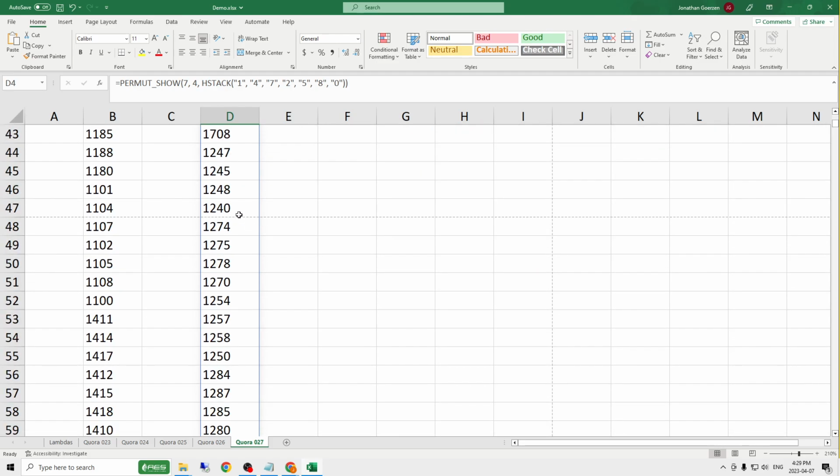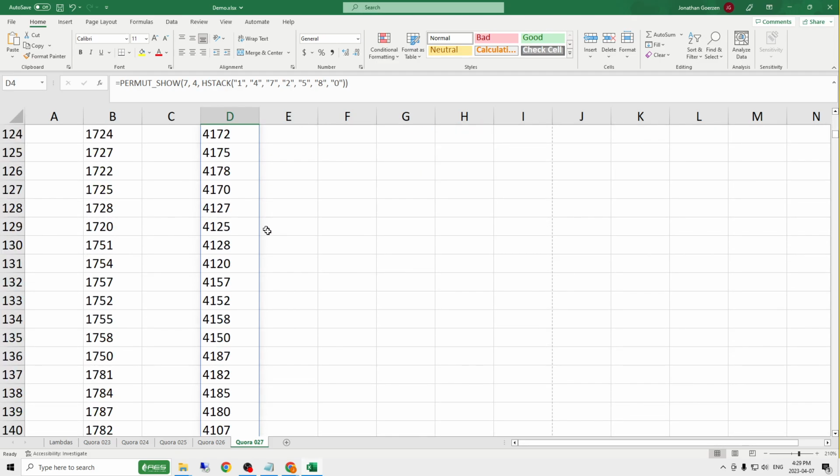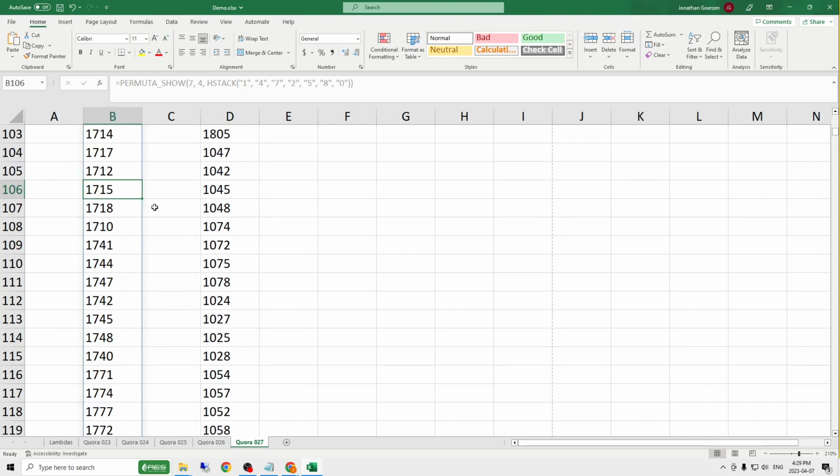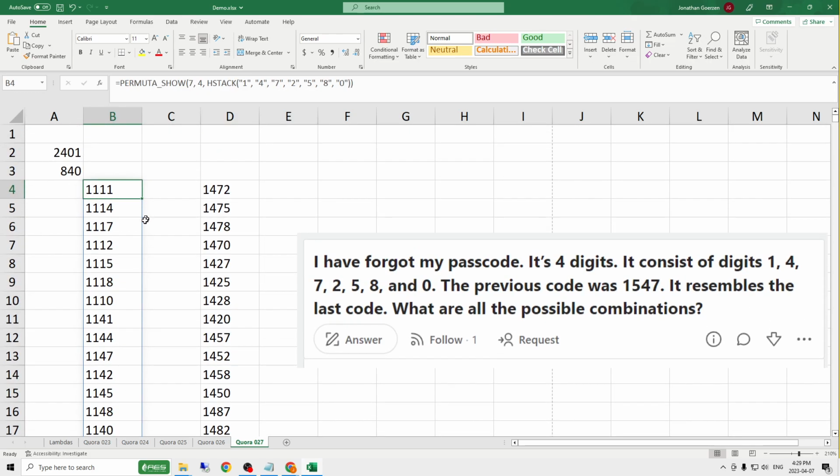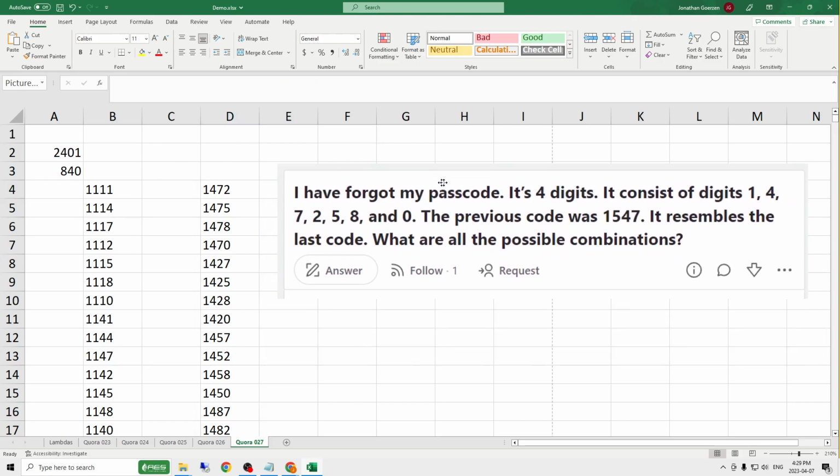So that's all of the possible passcodes that you could have on the left-hand side, if digits may repeat, and on the right-hand side, if they may not repeat. And I mean, have fun inputting them all. Sucks to forget passcodes. I'd say you've got your work cut out for you.